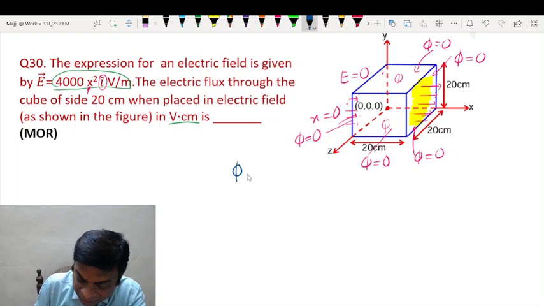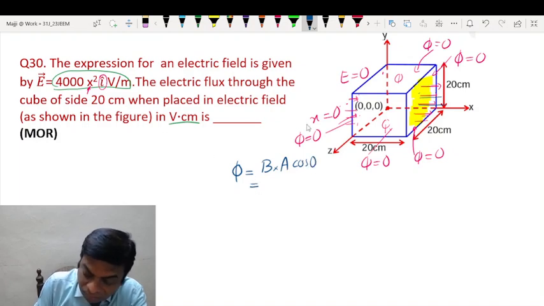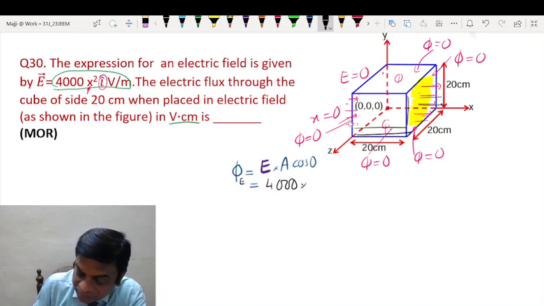So flux will be, since lines of force are perpendicular to the surface, we can simply write it as E into A, because cos 0 will be 1. So it is E into A, electric flux. So electric field is given as 4000 into x. Here x is, you can see, 20 cm everywhere.